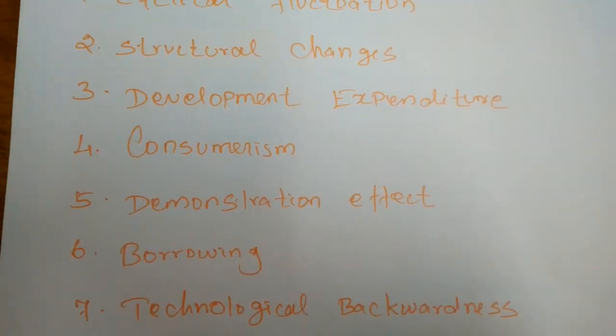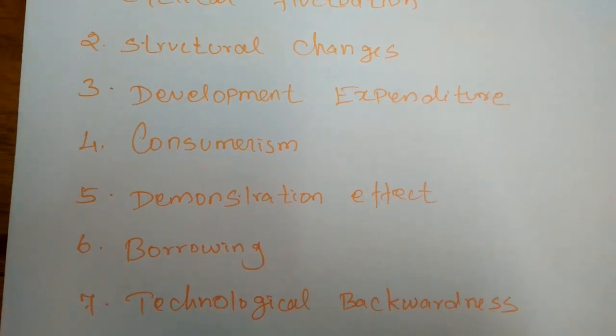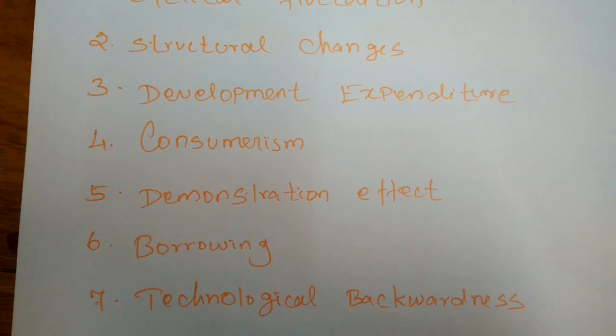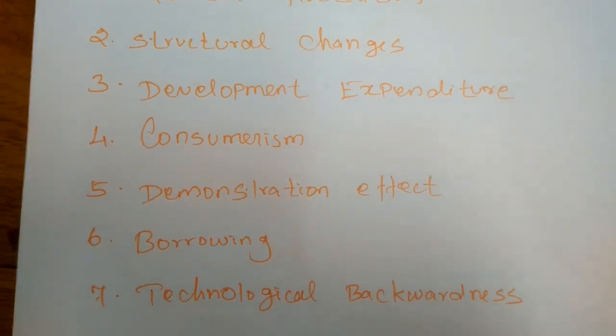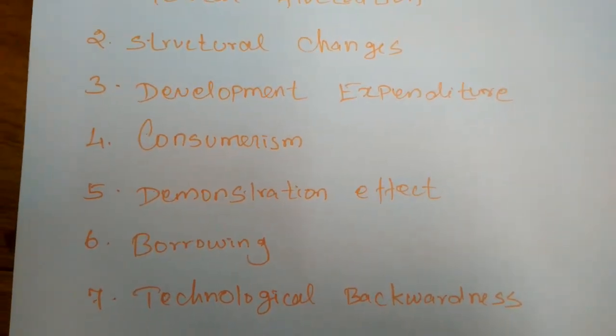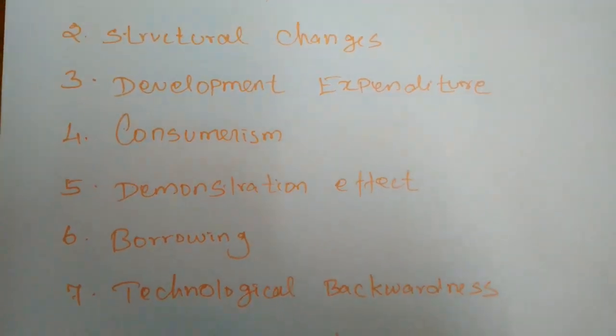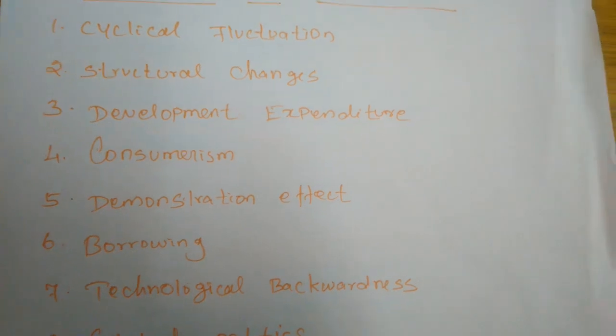Even if people do not have a sufficient level of savings or income, their consumption level may be very high. When they consume commodities abundantly, domestic demand is created.